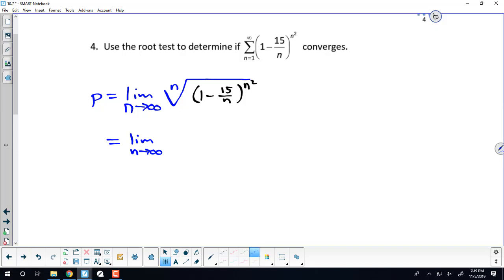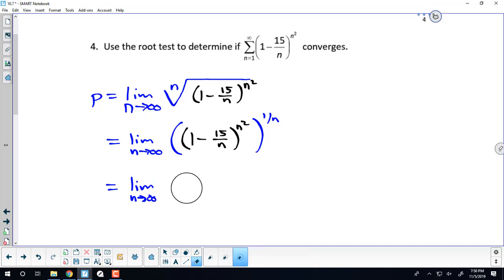Yeah, that quantity to the n, because this is 1 minus 15 over n to the n squared, to the 1 over n power. So we just multiply the exponents. N squared over n is n. So we have the limit at infinity of 1 minus 15 over n to the power of n.